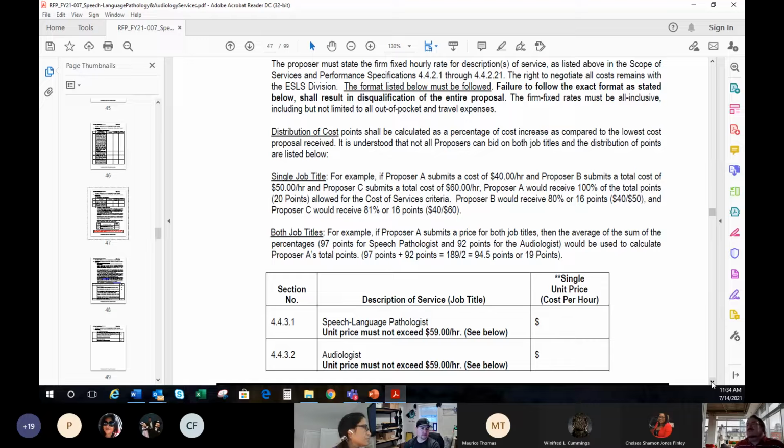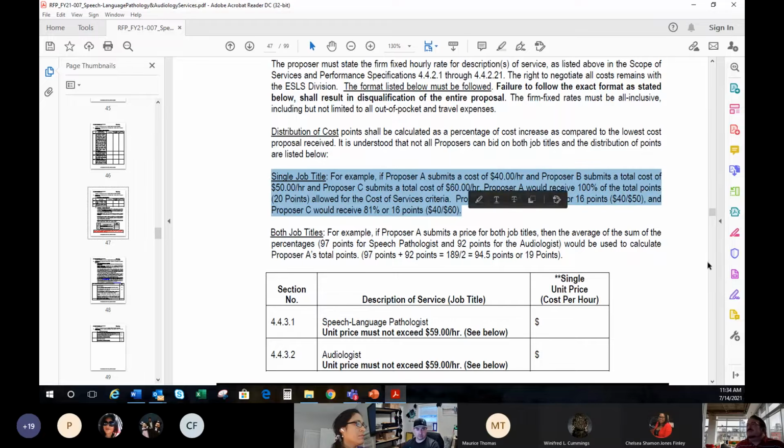So basically, if proposer A submits a cost of $40 an hour and proposer B submits a total cost of $50 an hour, and proposer C submits a cost of $60 an hour, proposer A would receive 100% of the points, which was the maximum of 20 points allowed for the cost of service criteria.